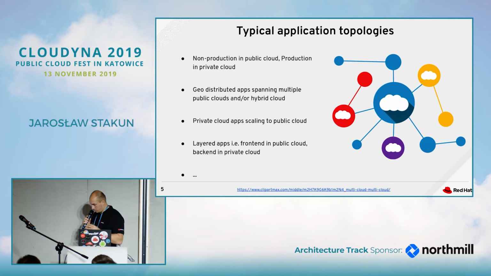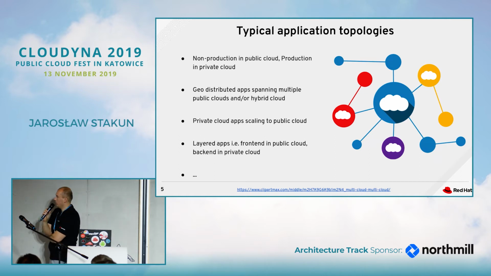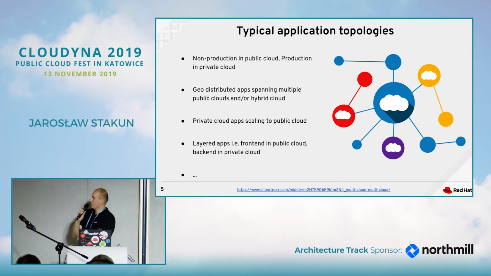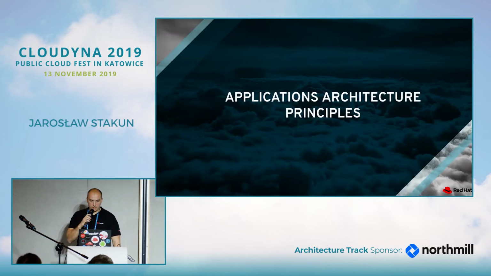So typically data-related layers, so databases and some business logic that is very data-oriented is running in your private data center, and there are some front ends, maybe some APIs that are deployed to the cloud, and they communicate via some internal APIs with the backends. And these are the most typical use cases that we used to implement within the last 5 years.